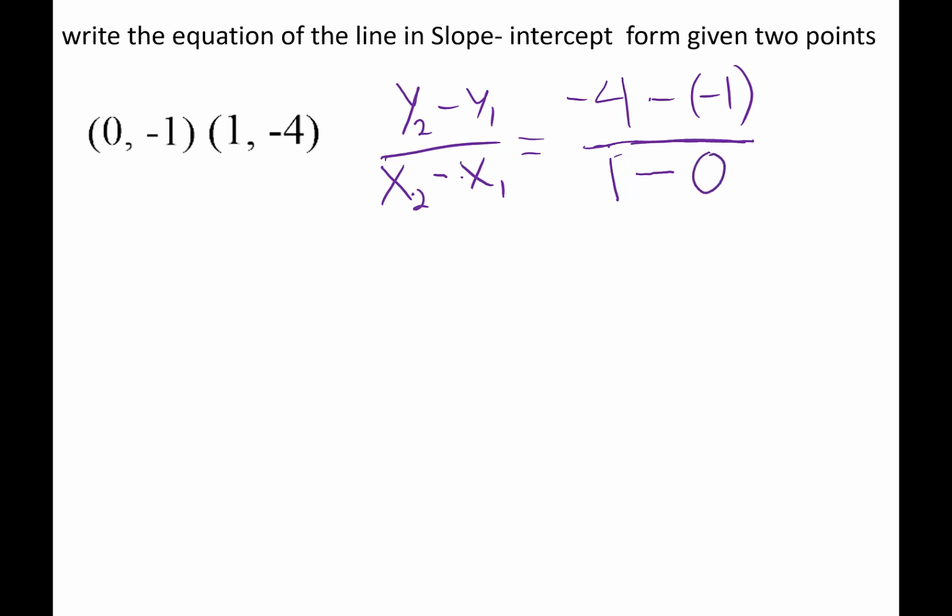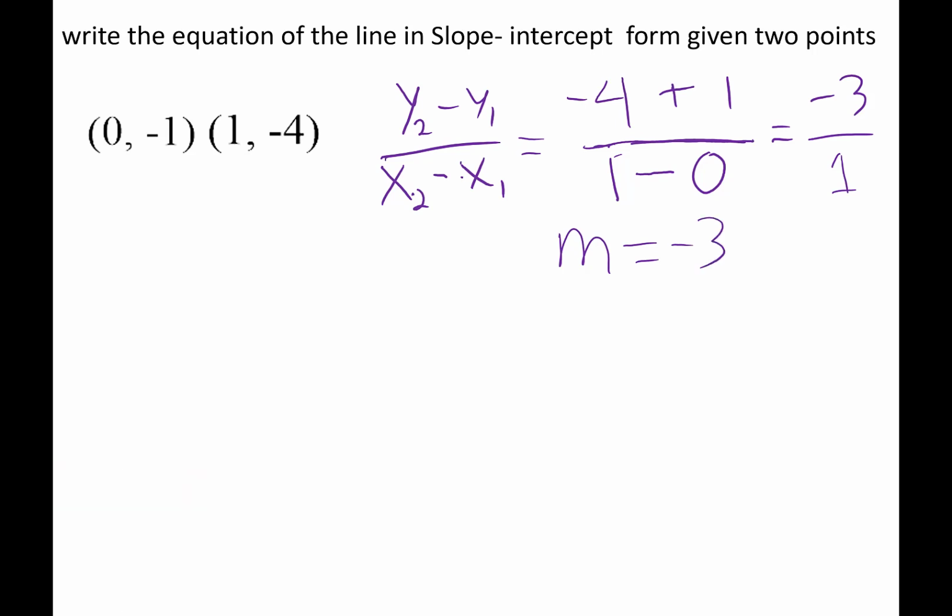Well, -4 minus, so remember when we minus a negative, what happens? That becomes +1 there. So I end up with a -3. 1 minus 0 is still just 1. So my m is equal to a -3.